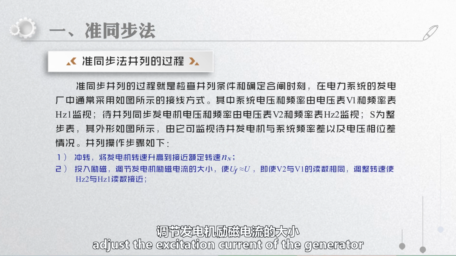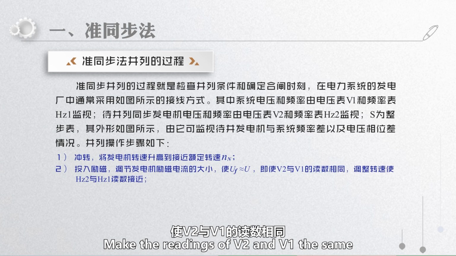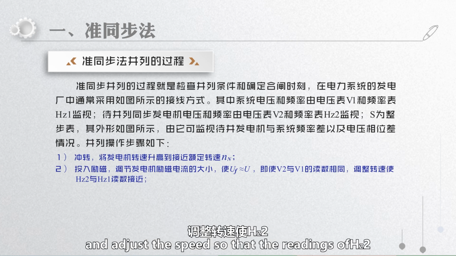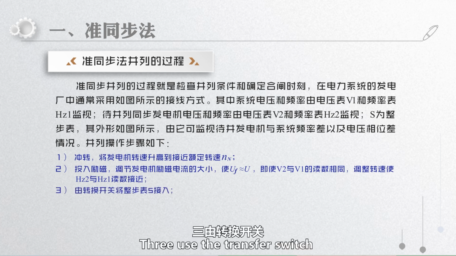Adjust the excitation current of the generator so that UF is approximately equal to U. Make the readings of V2 and V1 the same, and adjust the speed so that the readings of HZ2 and HZ1 are close. 3.